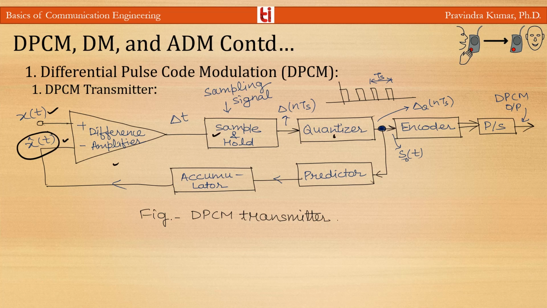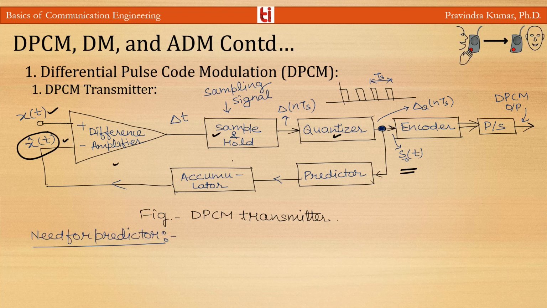The difference signal at the output of the sample and hold circuit is quantized by the quantizer, and the quantized output is then transmitted as it is, or it can be encoded into a stream of bits. The quantizer output is also used to produce the approximate signal x cap(t) by passing it through the predictor and accumulator.